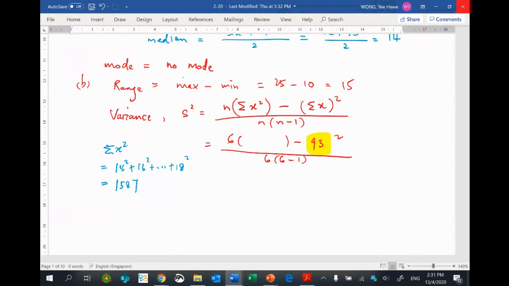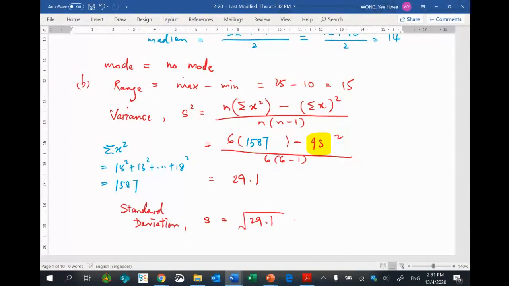Then you're going to throw that inside here. The rest, just press the calculator. Then you get 29.1. Okay, so that is the variance. There is a square here, so it's variance. When you want to find standard deviation, s will be just the square root of the variance.